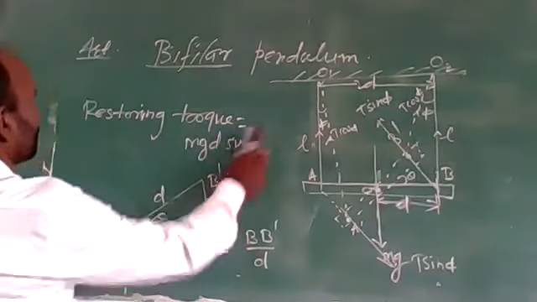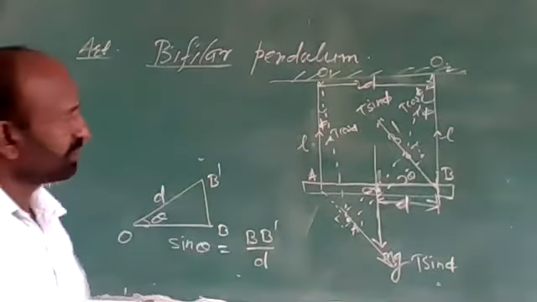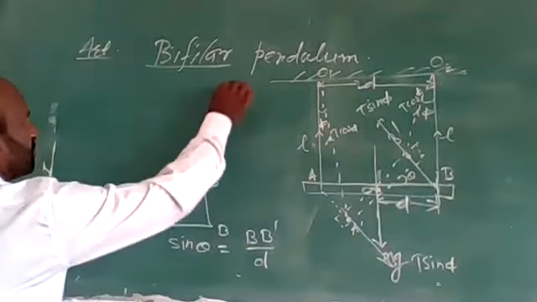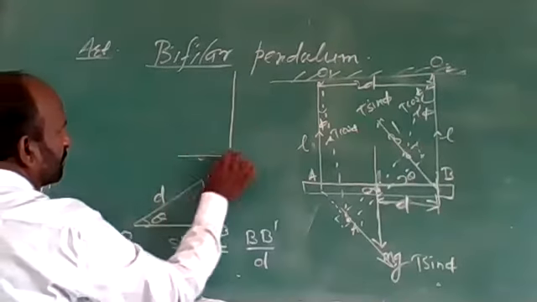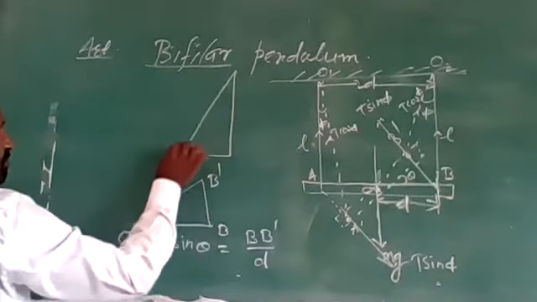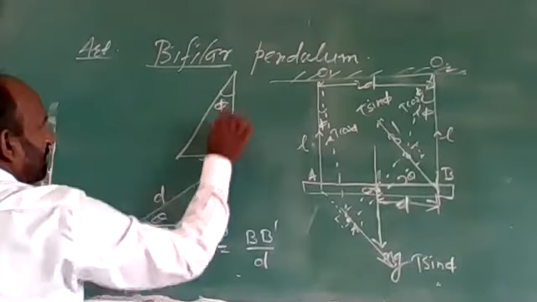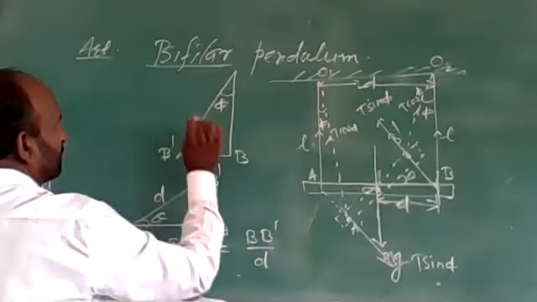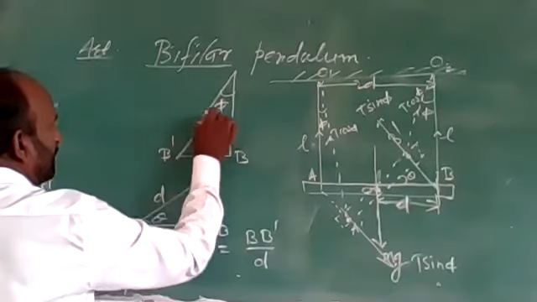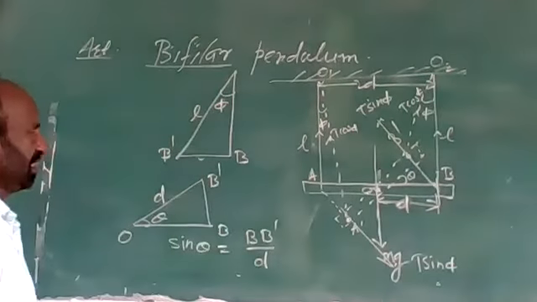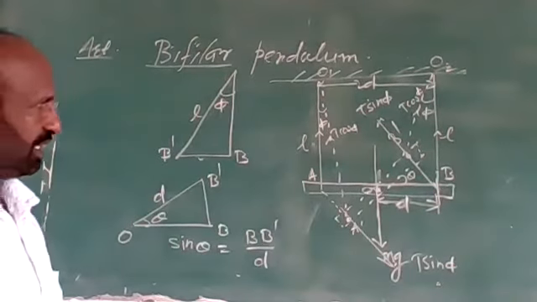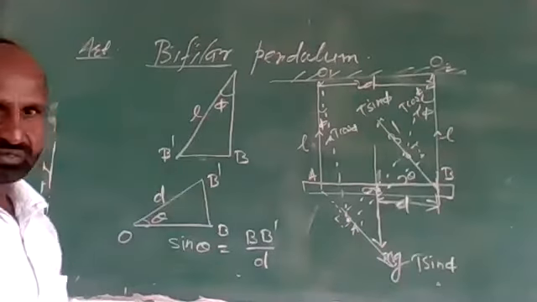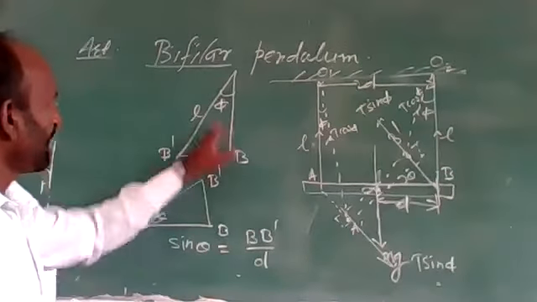Again, see that triangle, this triangle. I will draw that triangle here. This is angle phi. This is B, this is B dash, and this is phi. And this length is here. Then from this triangle, we can find sin phi.